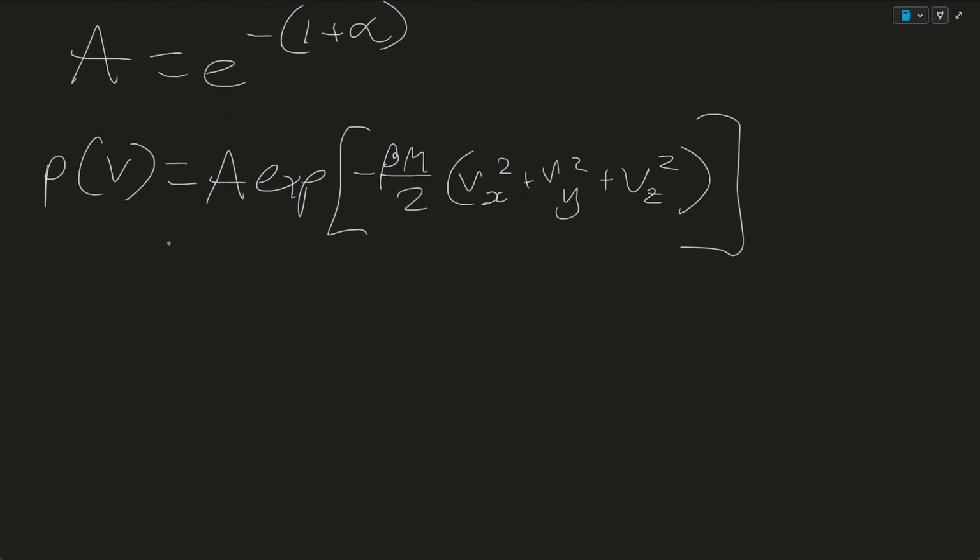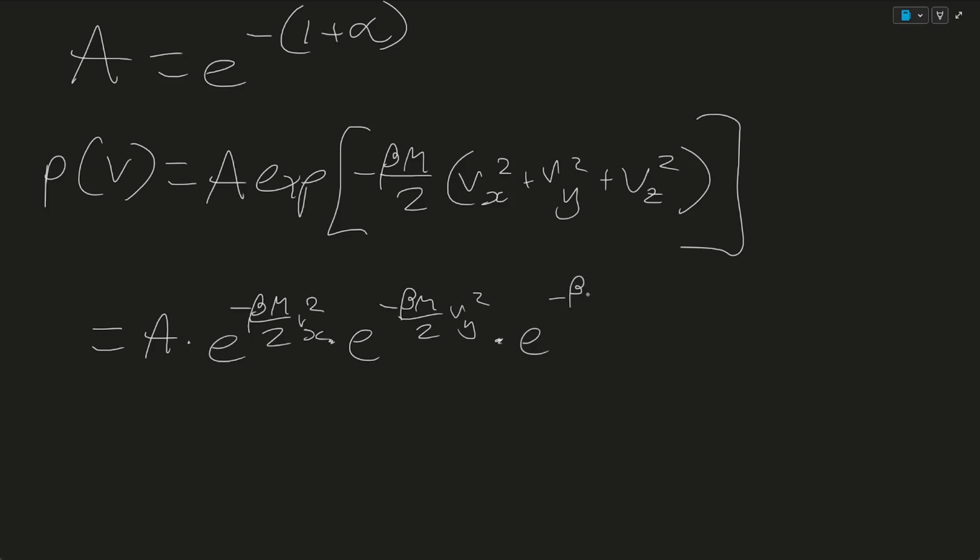And this factors into three independent components. So we can say that's A, I'm going to use dot to mean times here just because all of these are scalars, e to the minus beta m over 2 vx squared, times e to the minus beta m over 2 vy squared, times e to the minus beta m over 2 vz squared.